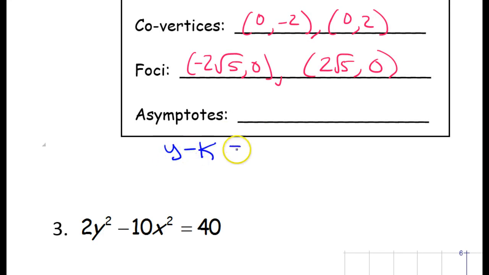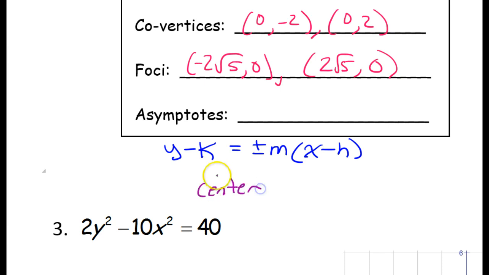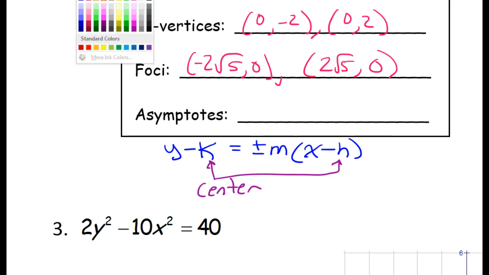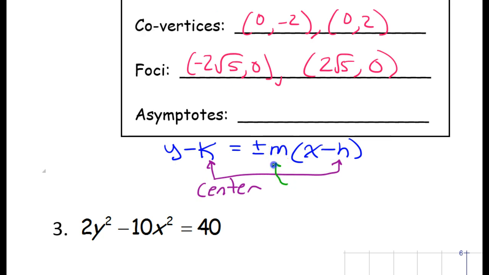Y minus k is equal to plus or minus m times x minus h. Now, the h and k are the center, like always. And the m is the slope, or slopes, thus the plus and minus.